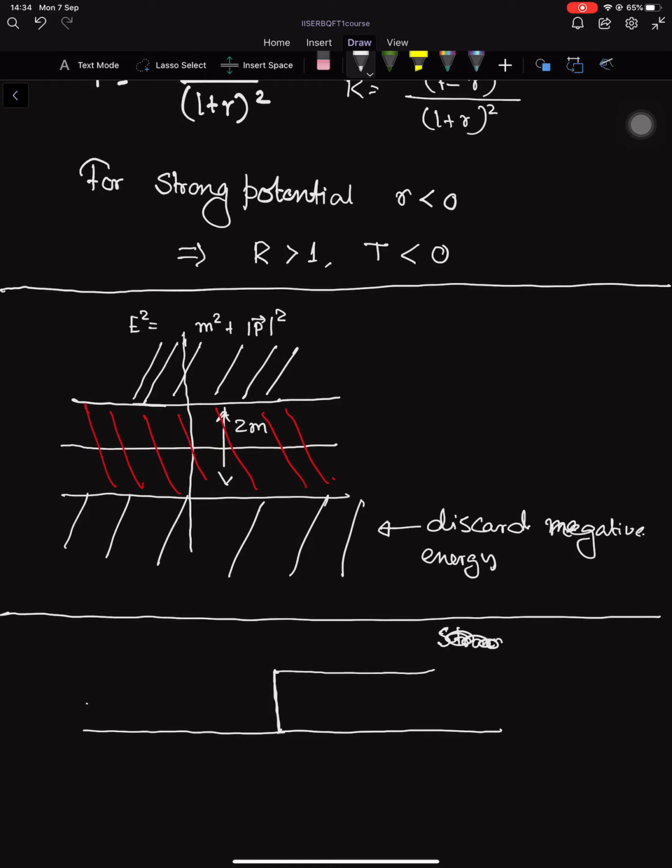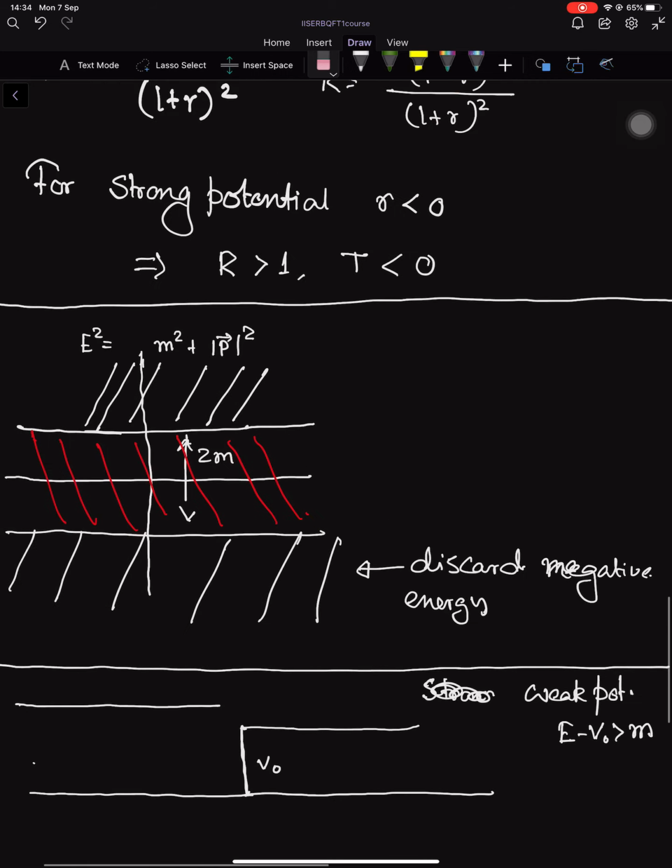Sorry, let's just discuss the weak potential. This is V0. So in this case, E minus V0 is greater than M, which means we are somewhere here.